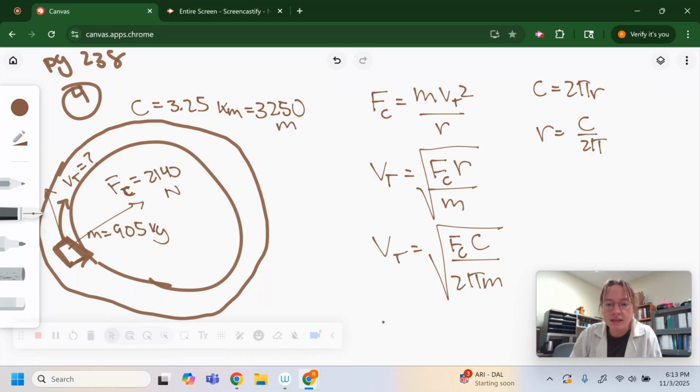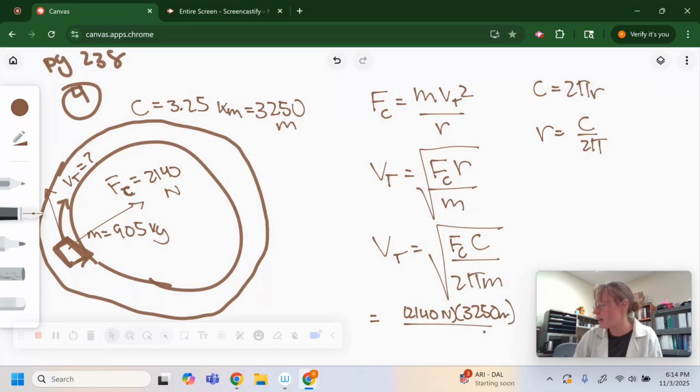Next, I can plug in numbers. For my centripetal force, I plug in 2,140 newtons. For the circumference, I plug in 3,250 meters.